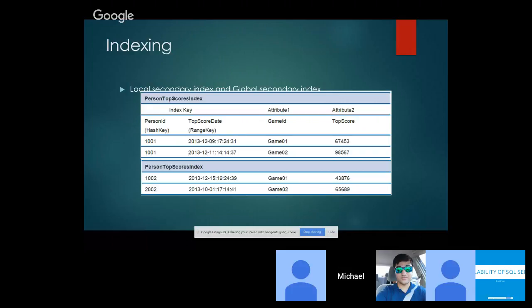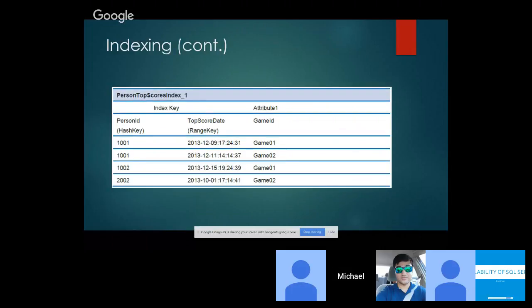This index contains the same hash key. The person ID is considered the source table, and it also defines the top score date as its range key. The range key value from the source table is automatically projected or copied into the index, but is not part of the index key.